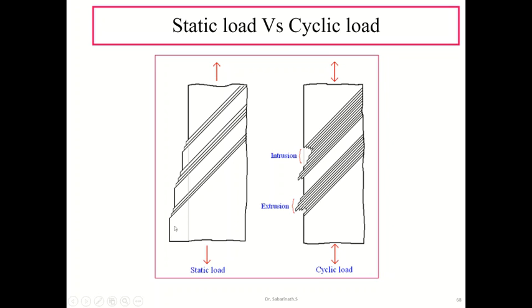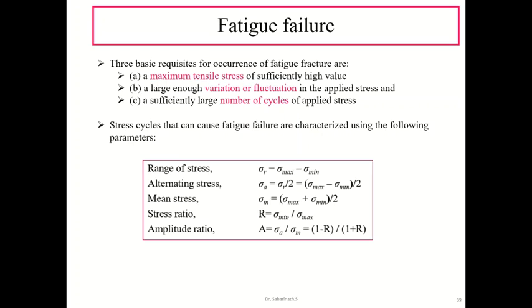When a static load is applied, the material deforms and looks like this, and in the case of cyclic load, we can see extrusions and intrusions in the material. Due to repeated or cyclic loading, intrusions and extrusions develop.